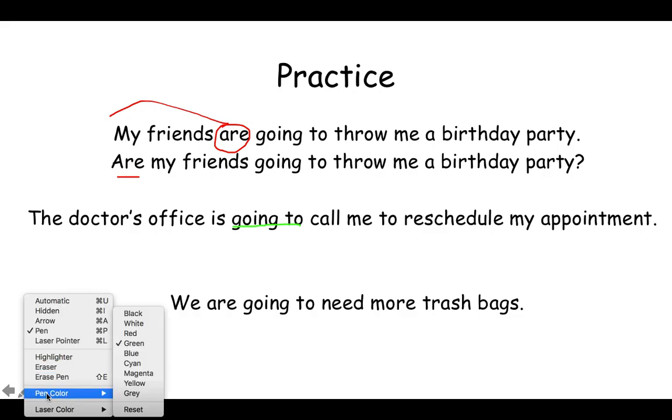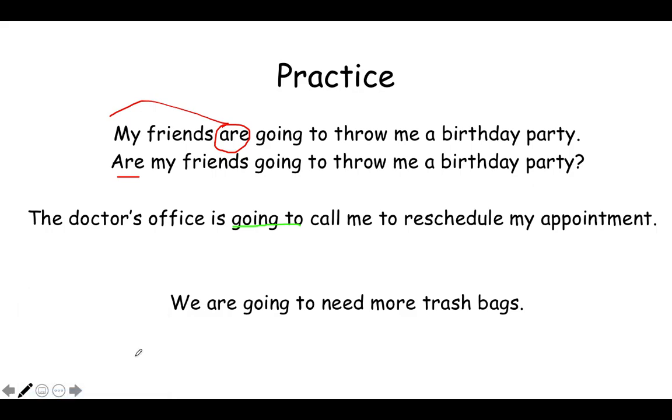The next thing we're going to find is who is it that we're talking about? The person, the place, or the thing, the subject. And if we look at this, we see there's the doctor's office. So the big thing that we're talking about is the doctor's office. This is what it is that we're talking about.